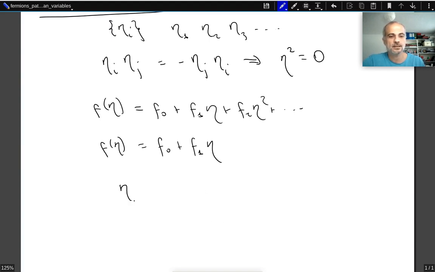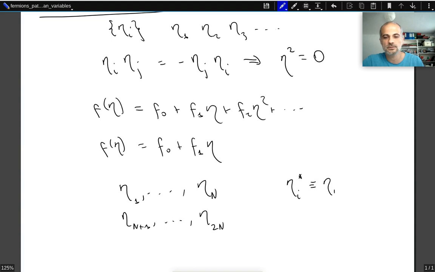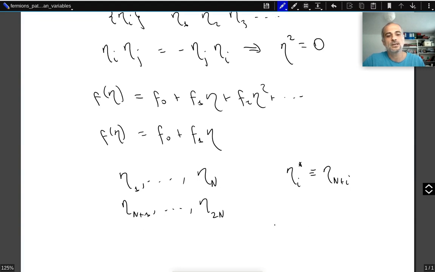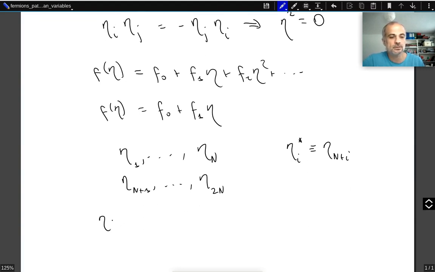Let's say eta 1 up to eta n, and eta n plus 1 up to eta 2n. n can be just any number, and eta i star is just defined as the other Grassmannian number, which is shifted by n. So this is the definition, and hence eta and eta star also anti-commute.